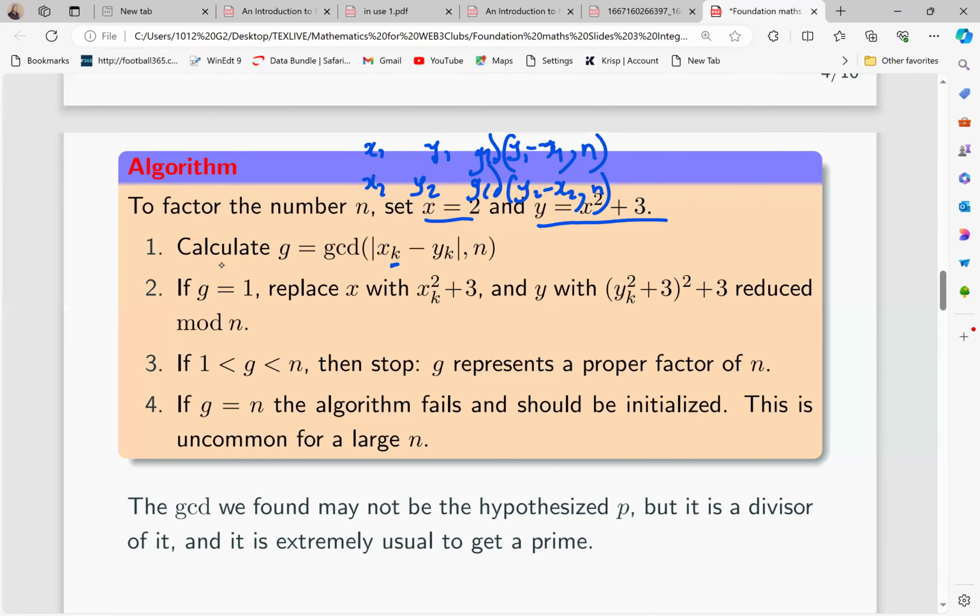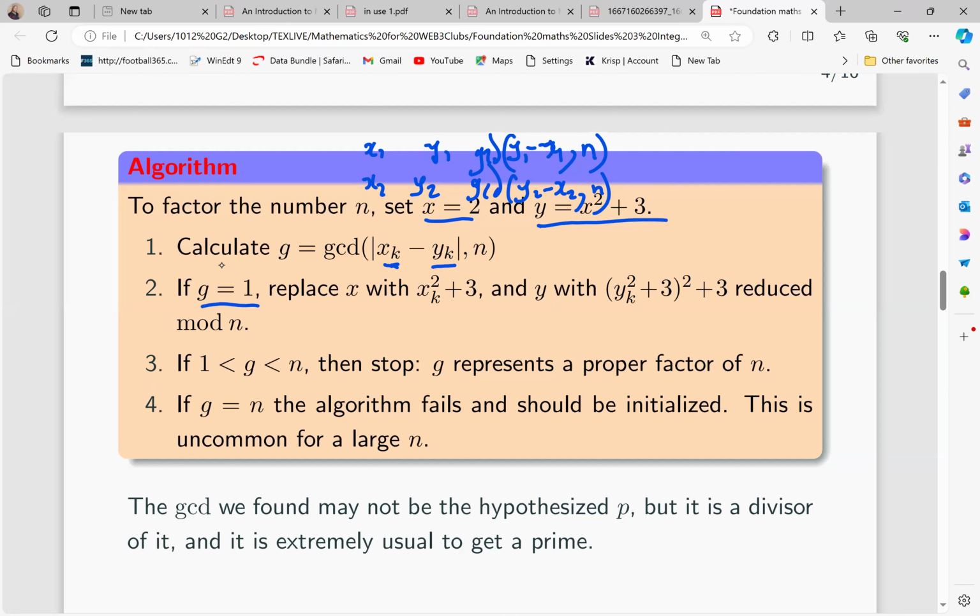So at every stage, you find the GCD of xk minus yk, whichever, so long as you get the positive number. It's either yk minus xk or xk minus yk, with n at every stage.